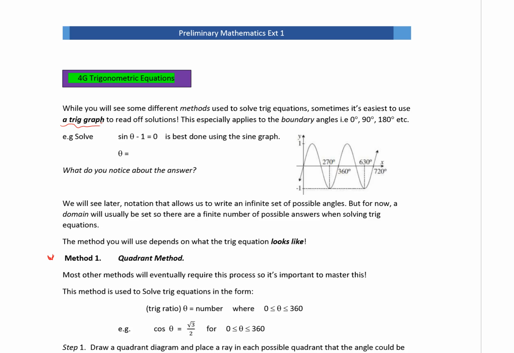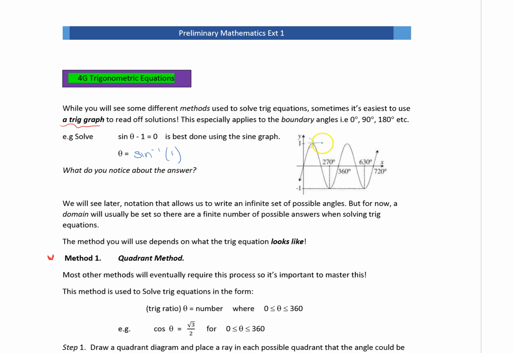And if you think about the graph and this particular example that says solve sine theta minus 1 equals 0, obviously it's an equation. We're solving for theta. It's a trig equation. We know that sine theta has to equal 1. So theta is equal to sine inverse of 1.